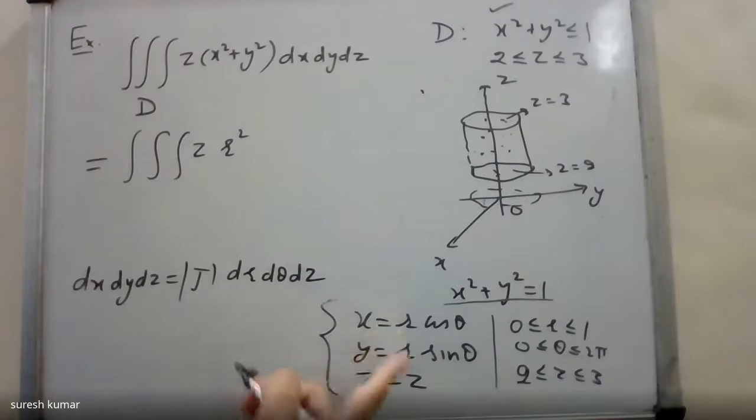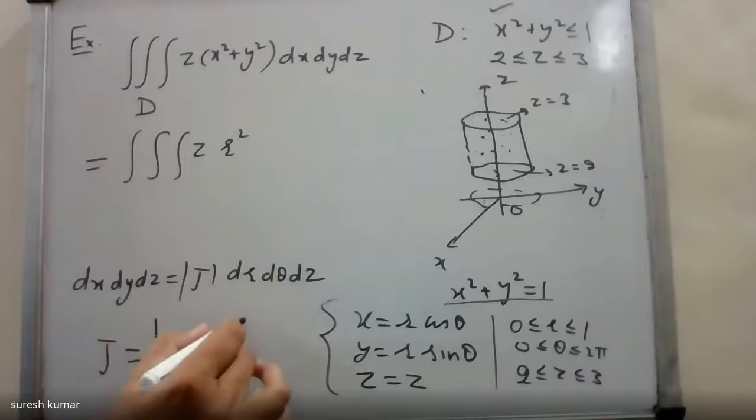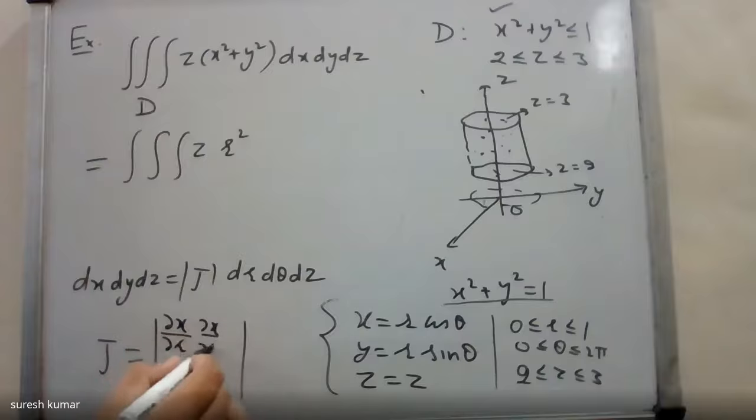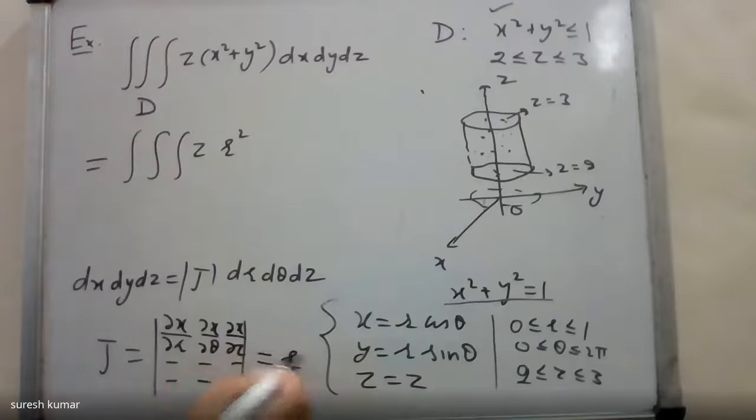What is the Jacobian for these transformations? You can solve this determinant, it's simple. I told you for the two variable case, apply the same thing. Partial x over partial r, partial x over partial theta, partial x over partial z. Likewise for y and z, you can write. Solve this determinant, you will get r.